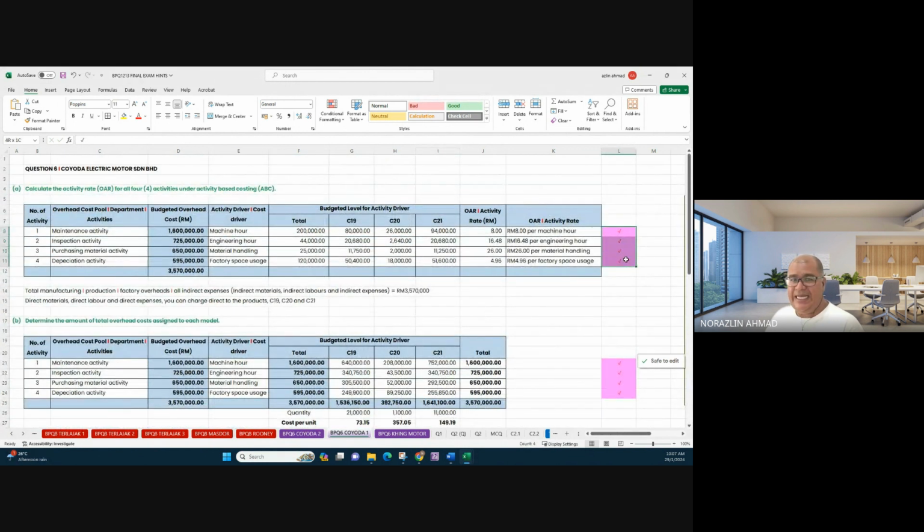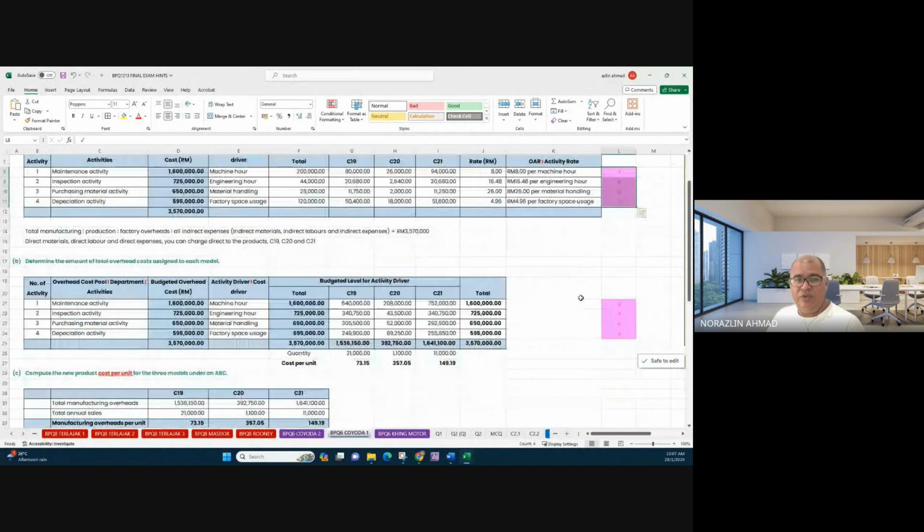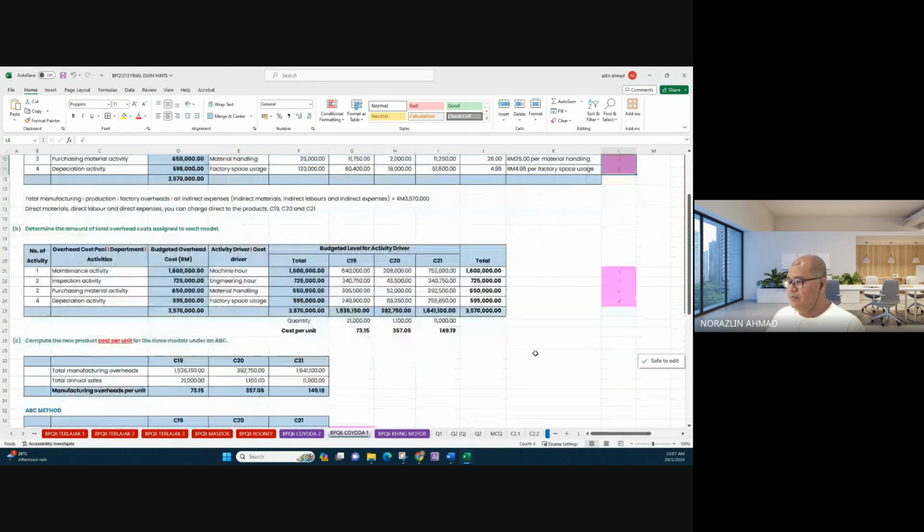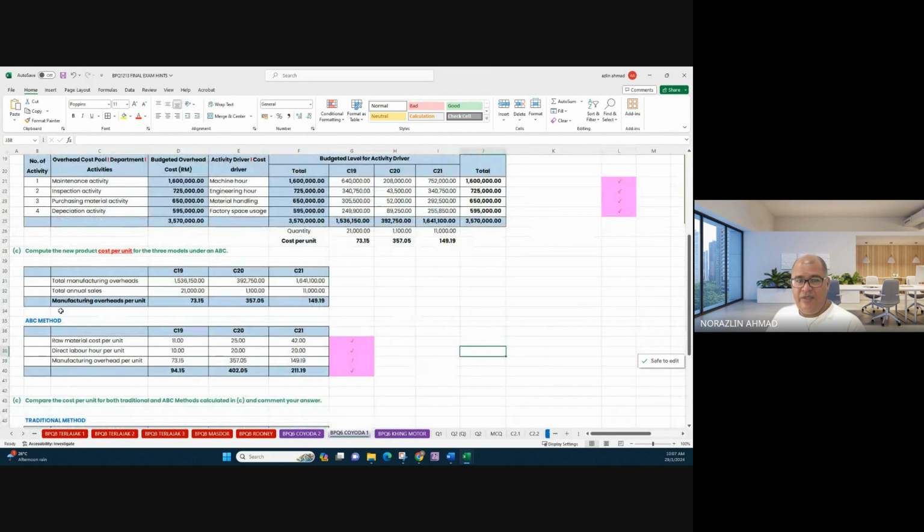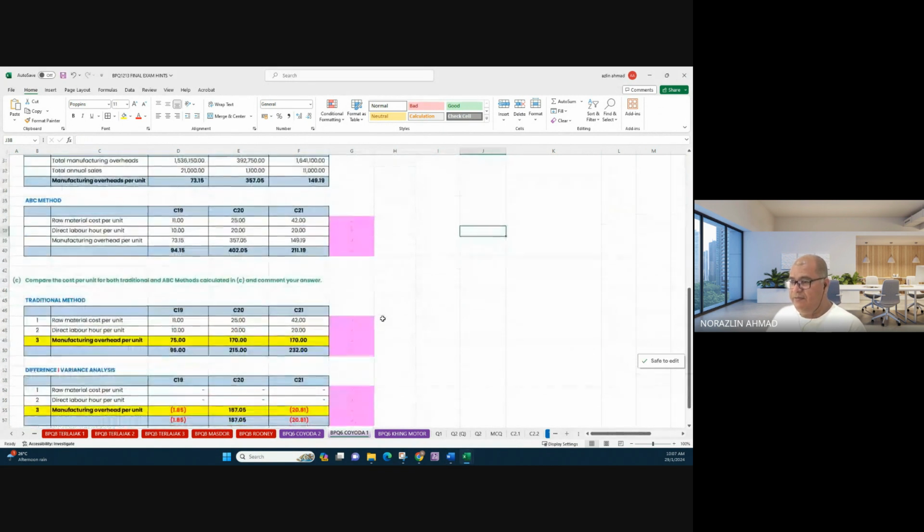Okay, this one calculate the activity rate for all 4 activities. You have 4 marks here. Then determine the total overhead cost for each model. We have 4 marks here. Okay, and then we have new product cost for this one. We have also 4 marks here.